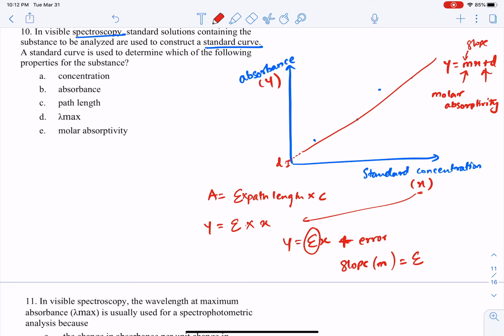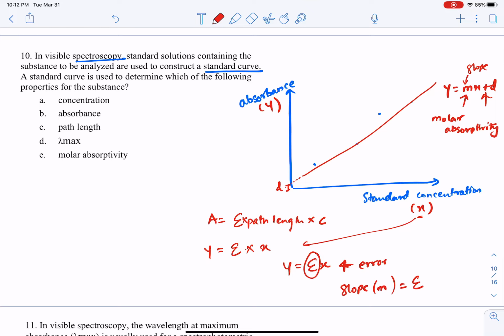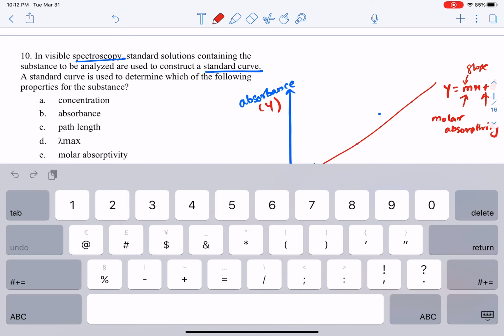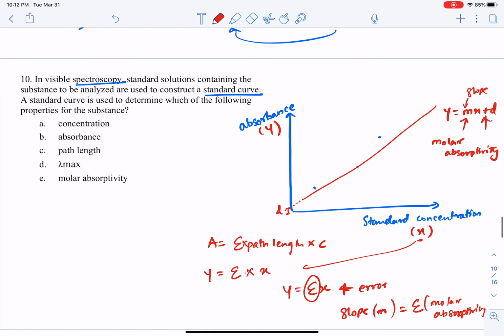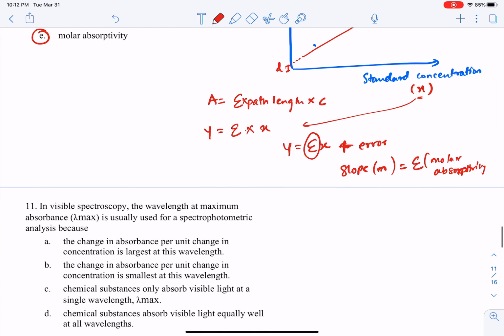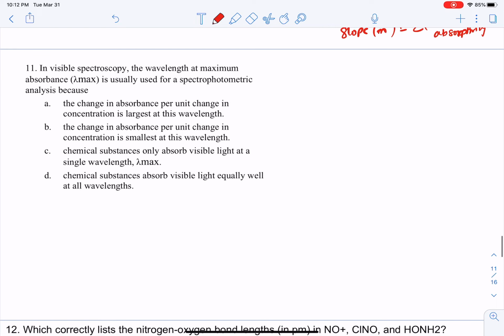So whatever slope you get from the standard curve will be your molar absorptivity. Sorry for that. Okay, so our answer is E. Moving to question number 11.